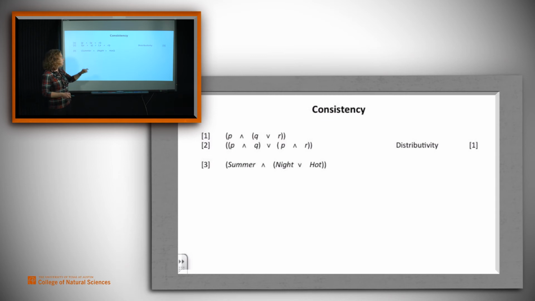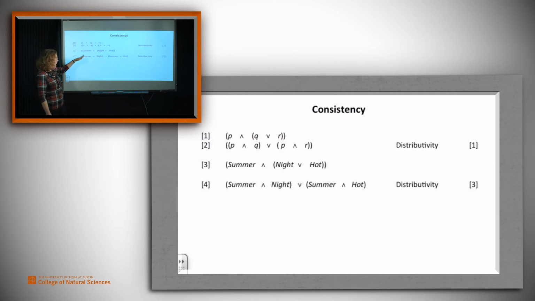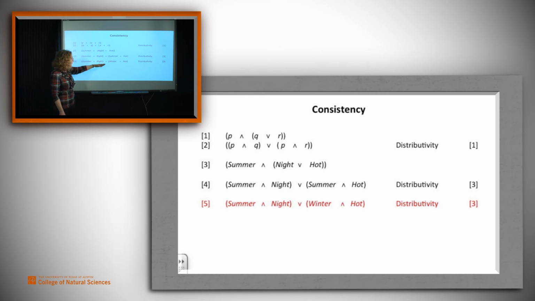So, for example, if you tell me summer and (night or hot), I can use distributivity, and I can get it's summer and night, or it's summer and hot. Fine. What I can't do is this. I substituted summer for this instance of p, and I substituted winter for that one, and now I get that it's summer and night, or it's winter and hot, which doesn't follow from my original claim.